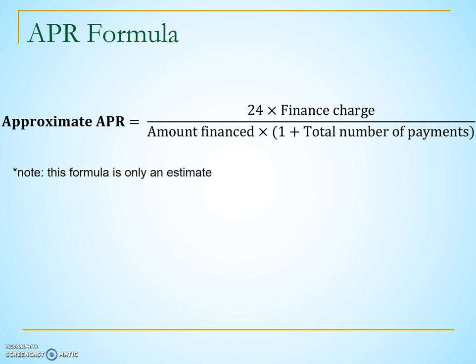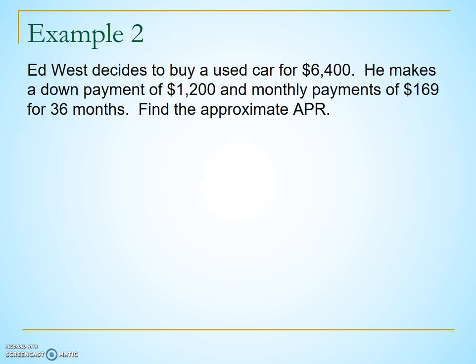Let's use this formula in an example. Ed West decides to buy a used car for $6,400. He makes a down payment of $1,200 and monthly payments of $169 for 36 months. Find the approximate APR.